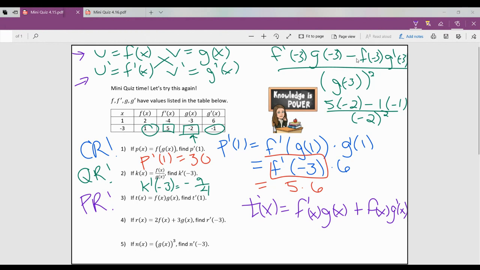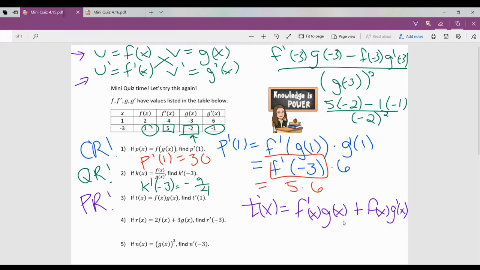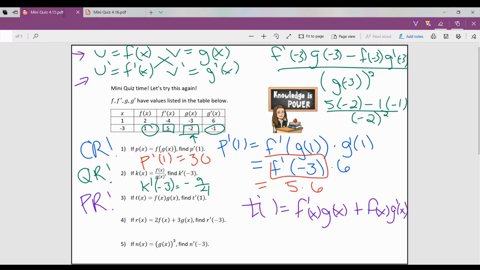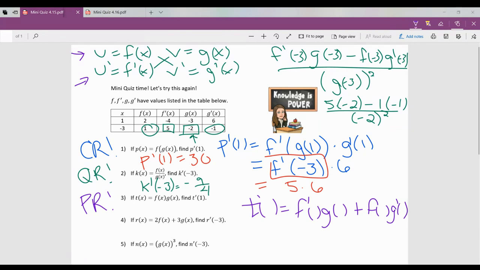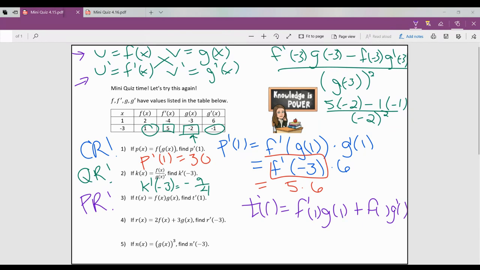All right, so now that we have that, I'm going to fill in 1 everywhere where I see an x. So for the sake of space, I'm going to erase all these x's here and put a 1 there. Okay, so 1, 1, 1, 1, 1, because it's the x value of 1. So t prime of 1 is going to equal f prime of 1. Let me get rid of all these circles and squares and arrows from the previous problem.